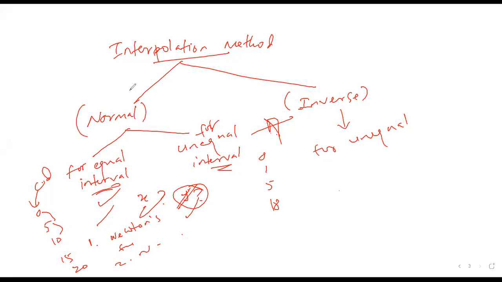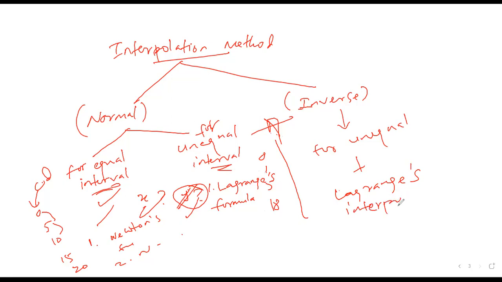In the unequal case, we're going to study Lagrange's formula, and the inverse we call Lagrange's inverse interpolation. After we study Lagrange's, we can see the inverse Lagrange's interpolation formula. So this is our planning for this chapter.